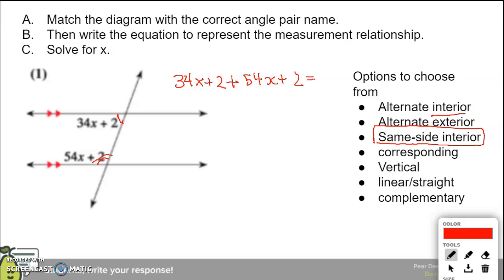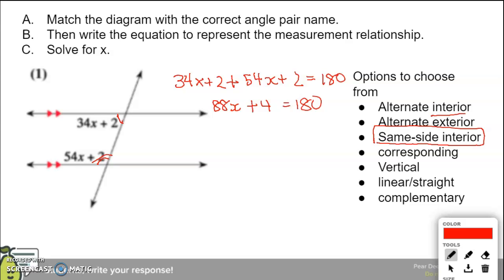They need to add to 180 degrees. Then combining like terms, 34x and 54x, they're like terms, so that becomes 88x. And then 2 and 2, they are like terms, so plus 4 is equal to 180 degrees.